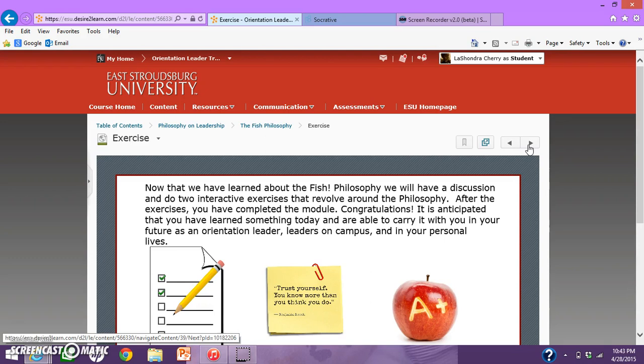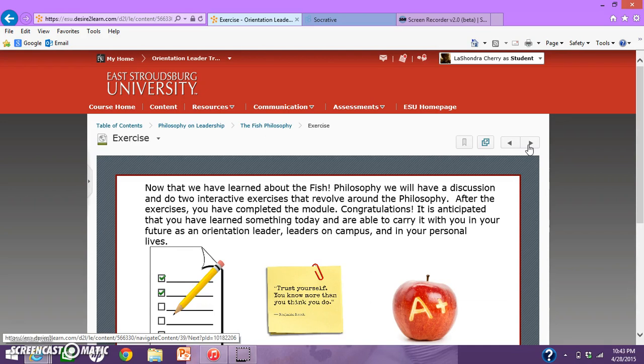The orientation leaders will split themselves up into groups, and they will go to 2 post-it notes and write how they will apply the fish philosophy to that specific scenario. Afterwards, we will have a discussion about it and see what people thought and just gather their ideas about the fish philosophy and how it can be applied.